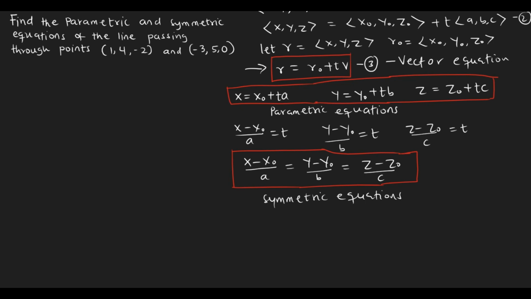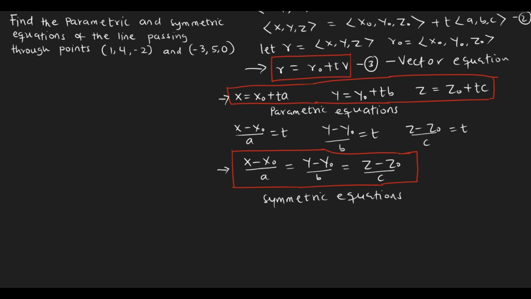When you look at the parametric equations that we have here, you will see these points a, b, and c in these two equations. So for us to be able to find the parametric and symmetric equations using these two points, we must find a, b, and c, which are the components of the vector V. Let's look at how you're going to find this.